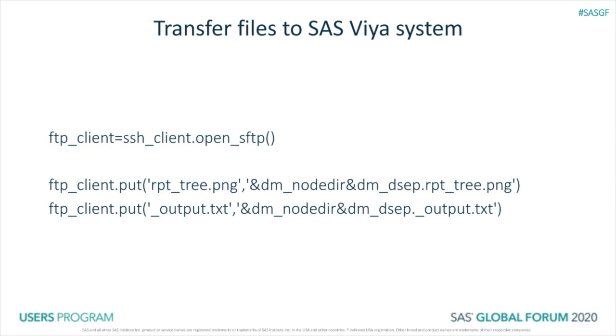The file transfers are handled by the Paramiko SFTP client, which you get from calling open_sftp on an instance of Paramiko SSH client. Use the put method to upload the file from the Python system to the SAS Viya system.